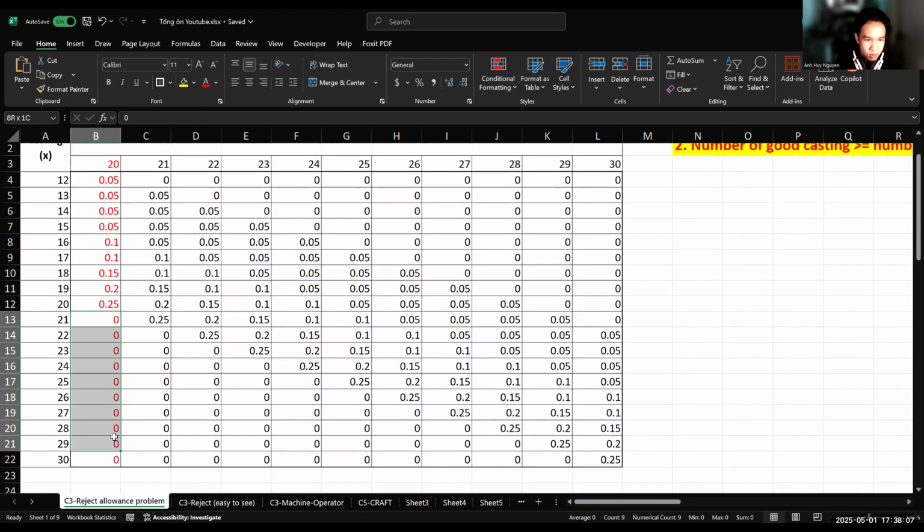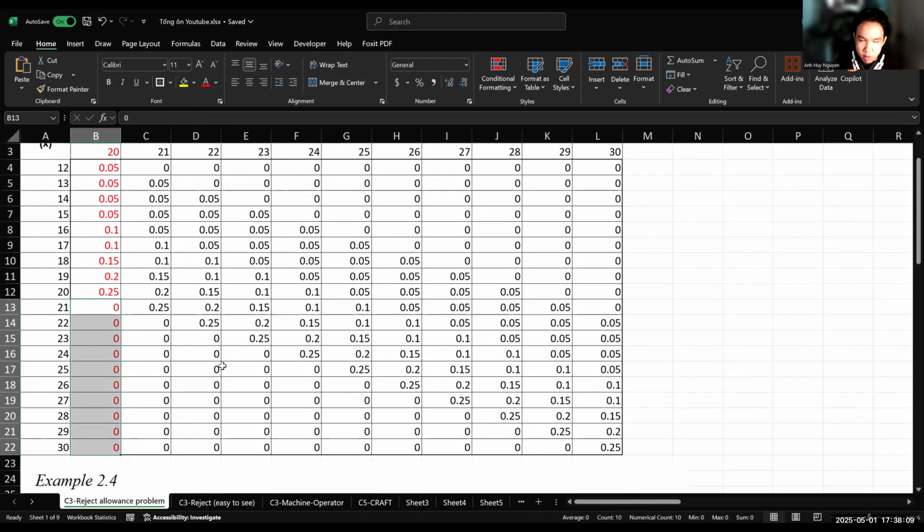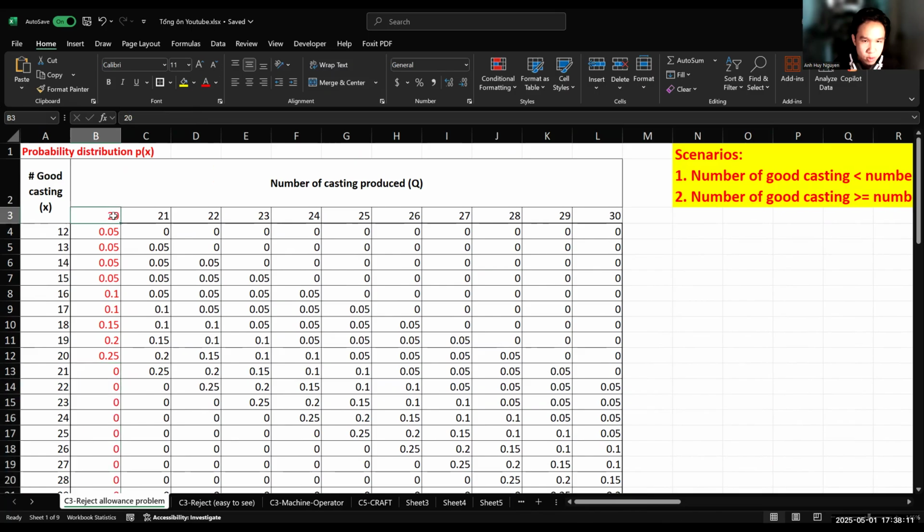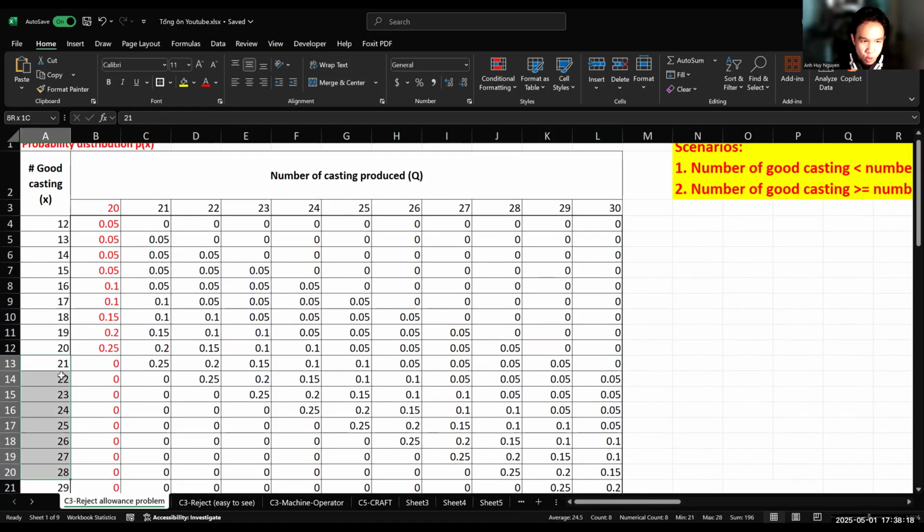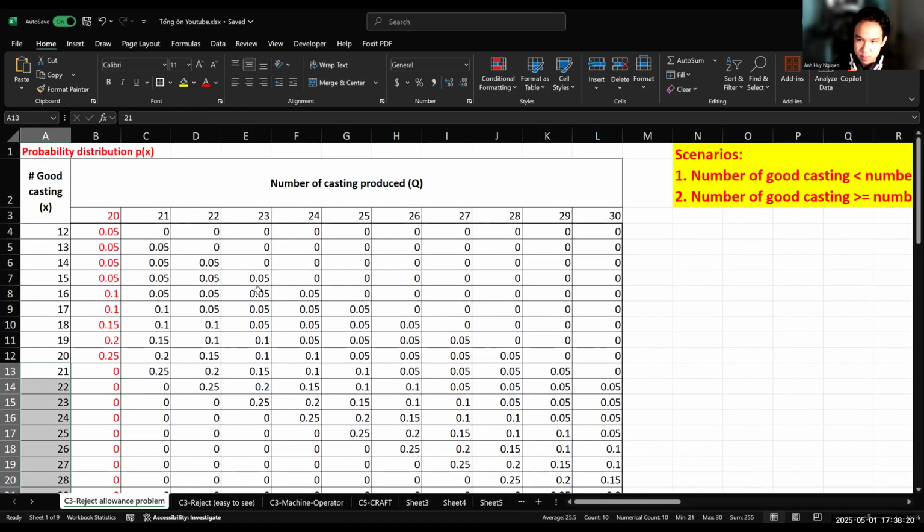Why are these rows zero? If you schedule to produce 20 castings in total, you cannot have more, like 21 good castings. That's not possible. Okay, so I think it's very straightforward and easy to understand this table.